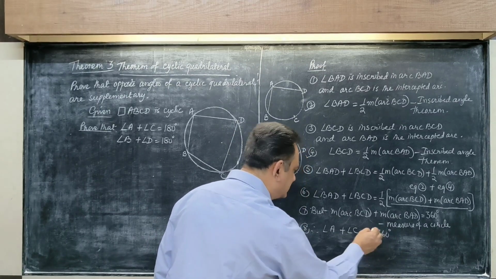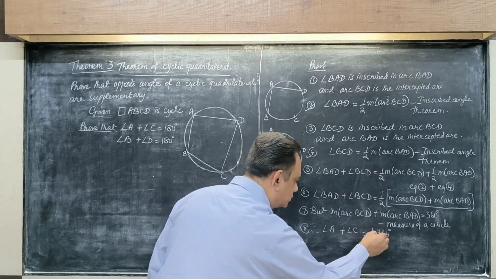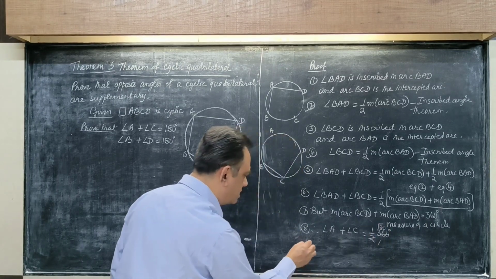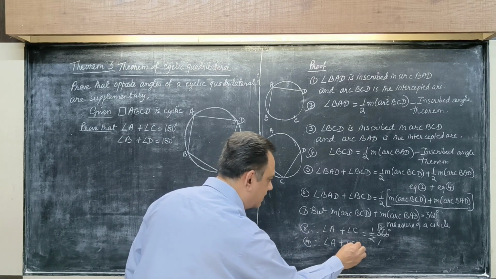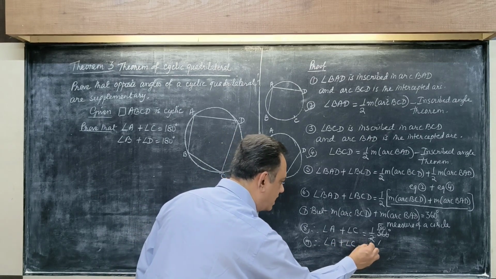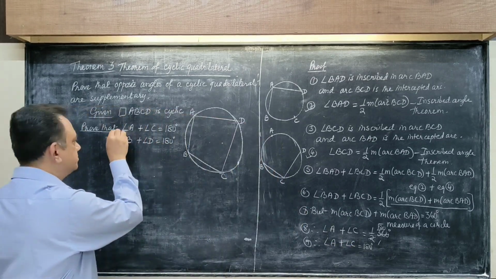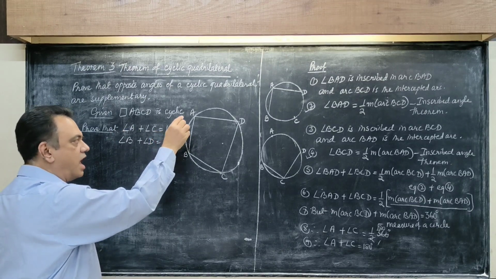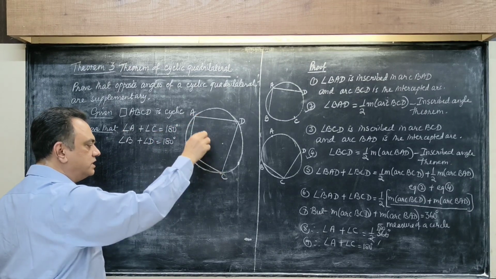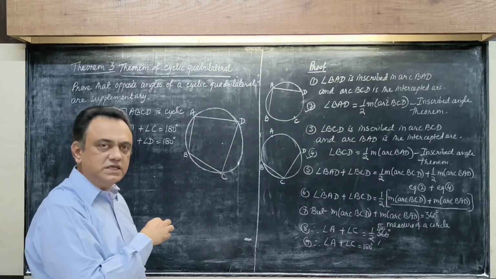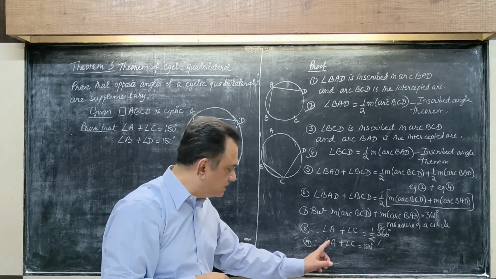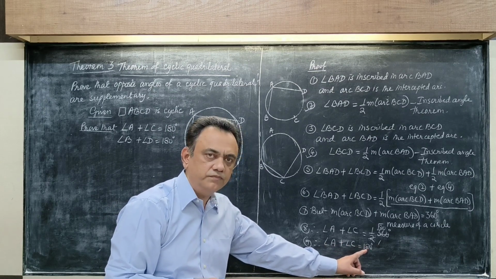And when you cancel it, this will come to 180, 9th step. Therefore, angle A plus angle C equal to 180 degrees as per the requirement. I proved that the opposite angles of a cyclic quadrilateral are supplementary. That means their sum is 180.